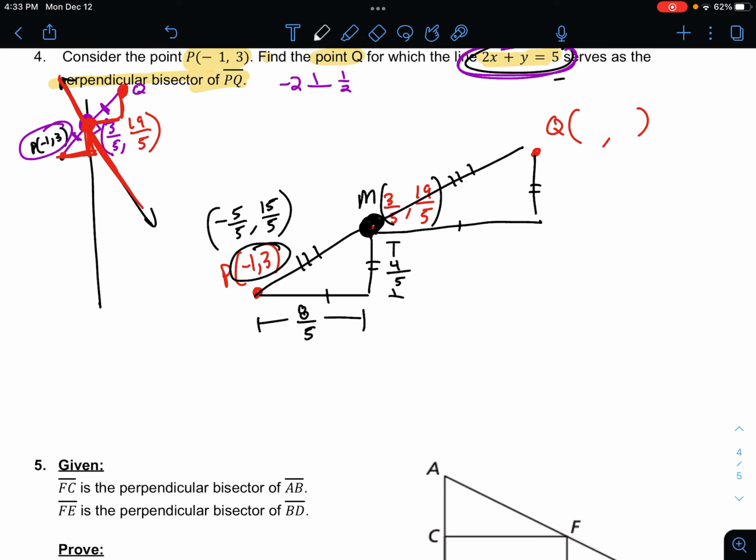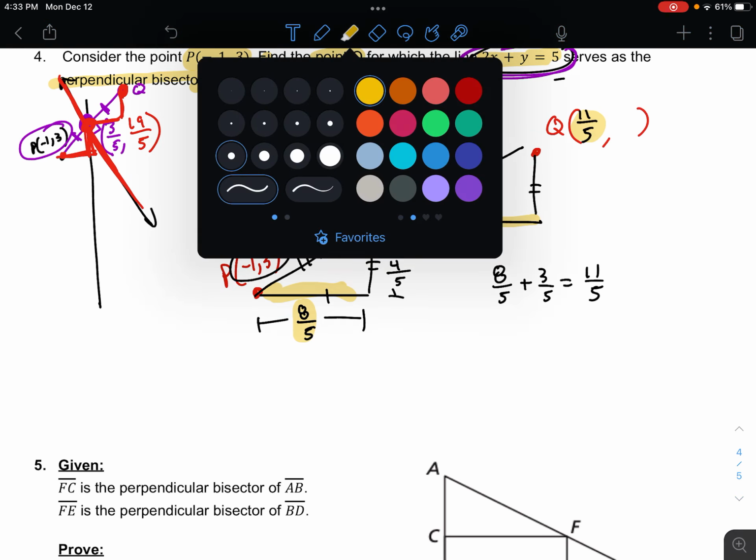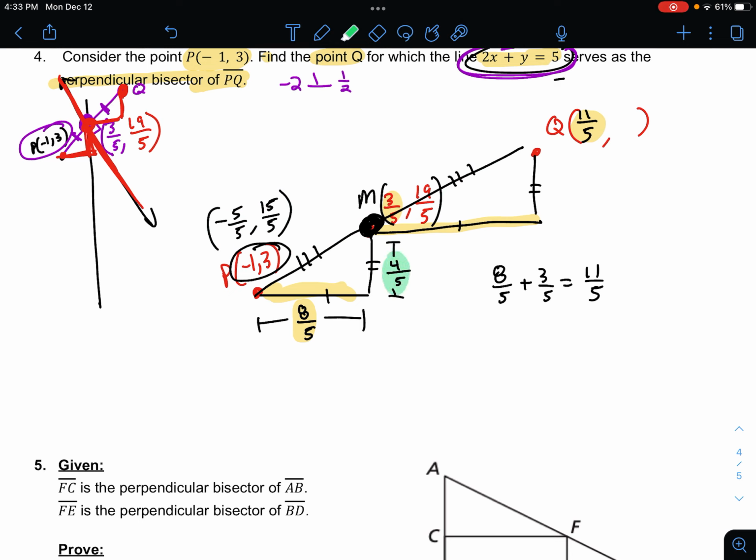So I'm going to add 8/5, this length, to 3/5, that coordinate, to find my x-coordinate of Q. And so 8/5 plus 3/5 is 11/5. So the coordinates of Q are 11/5 for my x. Then I'm going to use the same idea with the y-coordinate. So 4/5 is my change in y from P to M, leading me to my coordinate of 19/5.